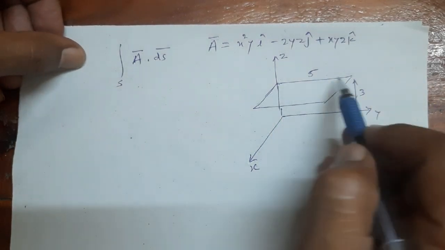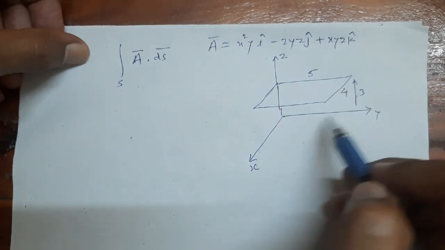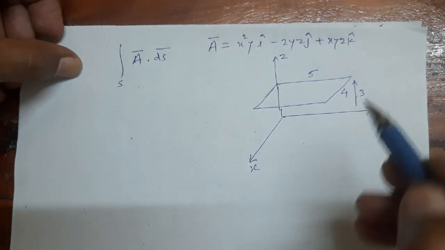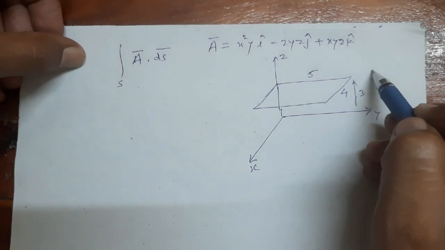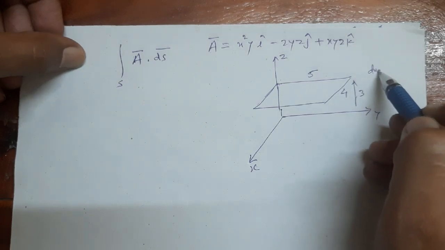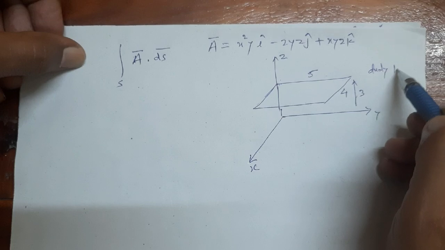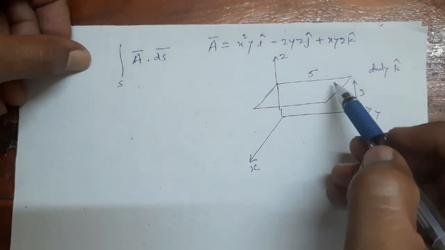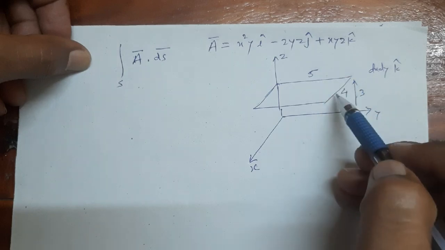Therefore, what is the speciality of this surface? As the surface is parallel to xy plane, in Cartesian coordinate system we have observed that the surface element will be dx dy and it is along k cap. Now there we have observed either I can think about along k cap or minus k cap.